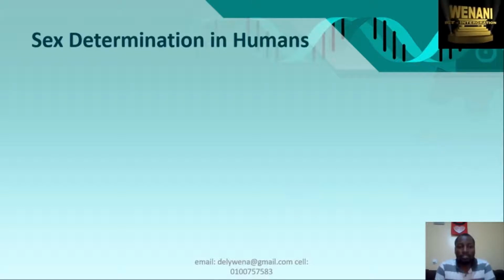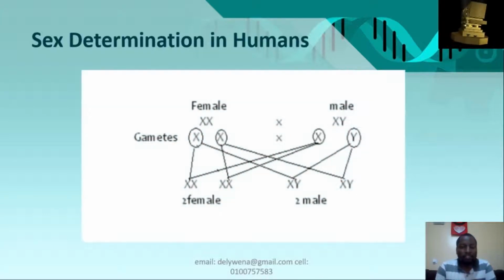You also need to note that it is essentially the type of sperm that fertilizes the egg that determines the sex. Therefore, if we cross the female against the male, XX is crossed against XY.